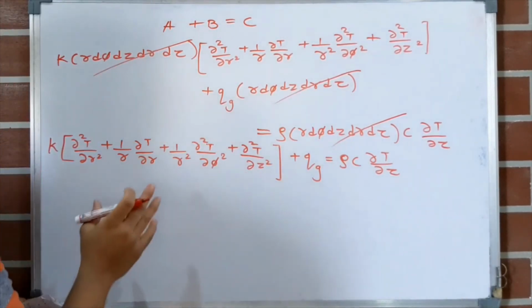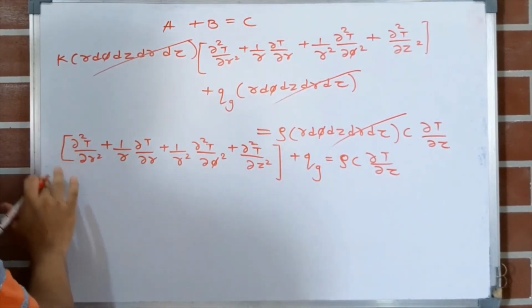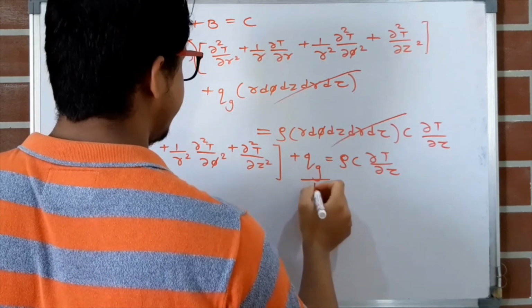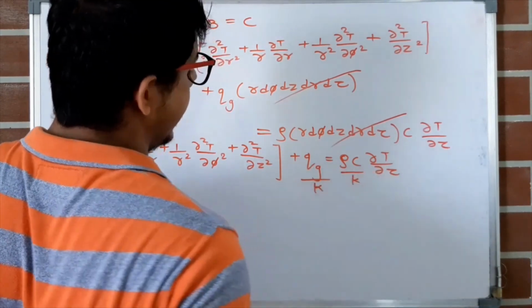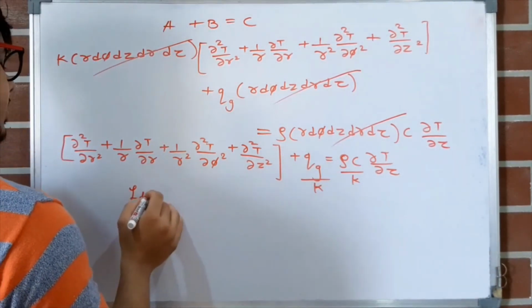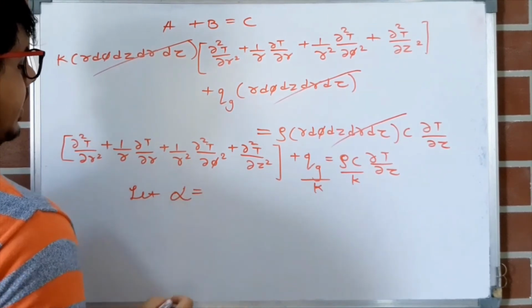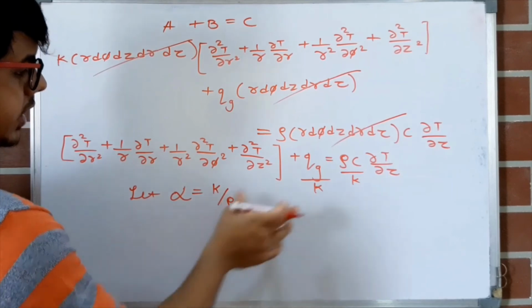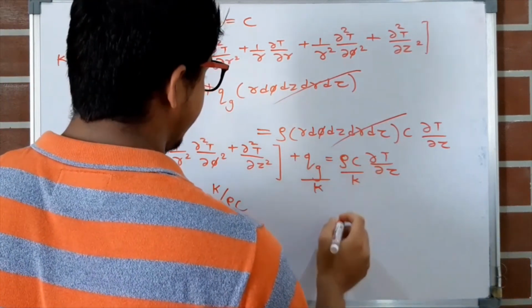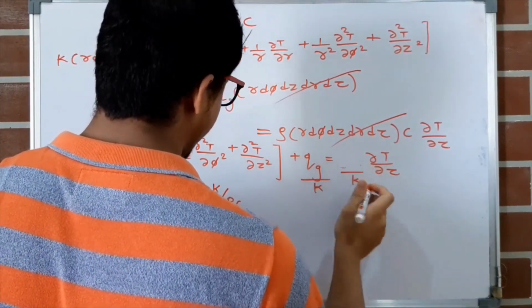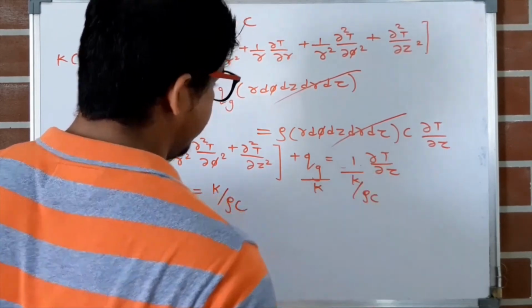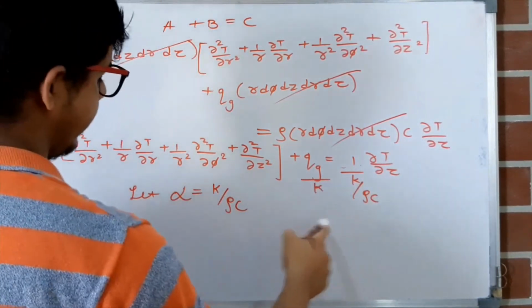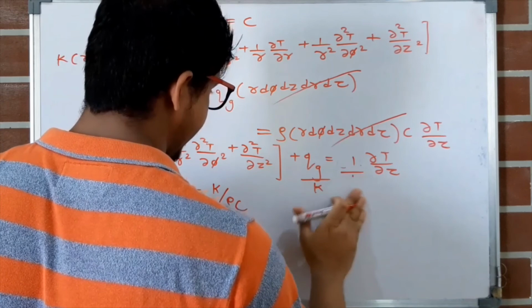If we divide this equation by K, we will get Qg by K and rho C by K. Now let alpha, that is thermal diffusivity, be equal to K upon rho C. If we substitute this in the above equation, rho C comes down, so 1 upon K upon rho C. K upon rho C is nothing but alpha, the thermal diffusivity.